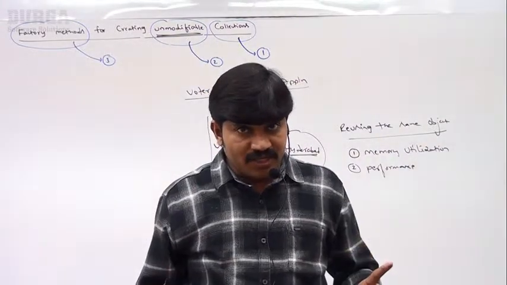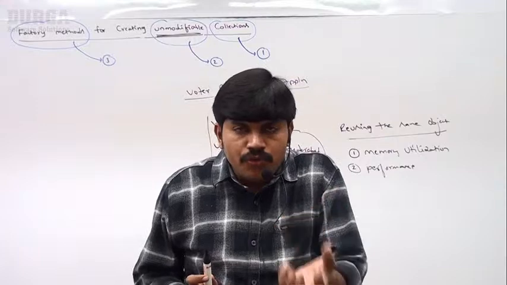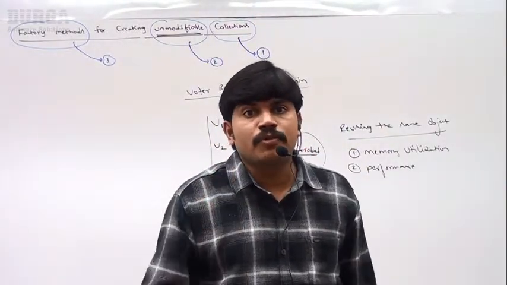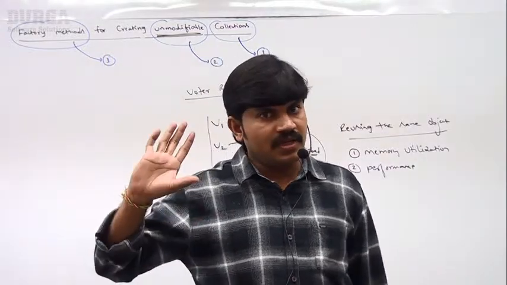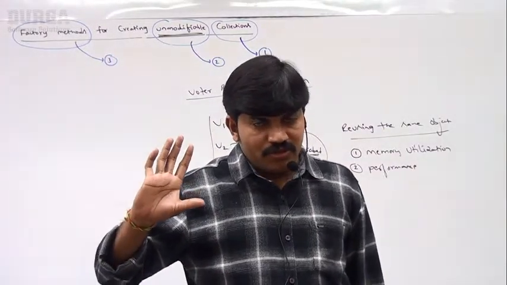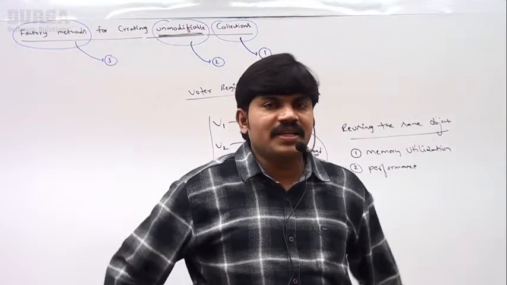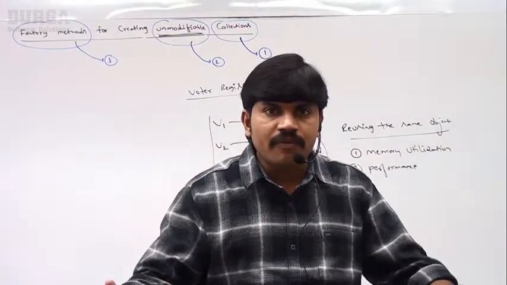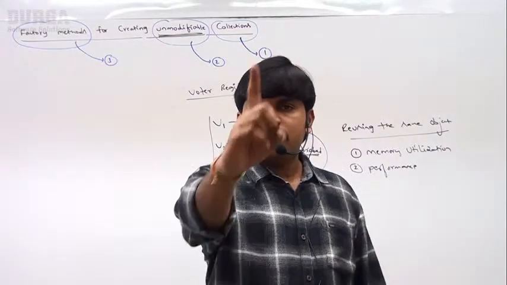So if I reuse, the biggest advantages, memory utilization and performance improvements, will be there by default. Clear? So reusing the same object, is it recommended or not? Highly recommended. Memory will be saved, performance improvements are there.